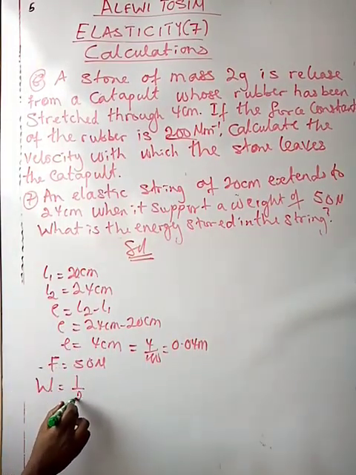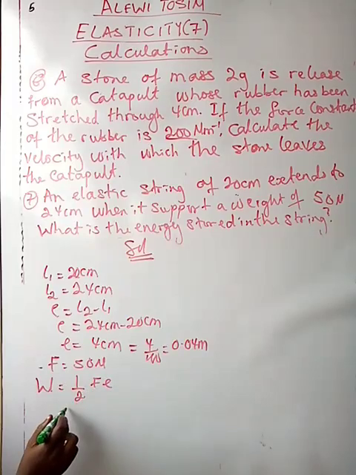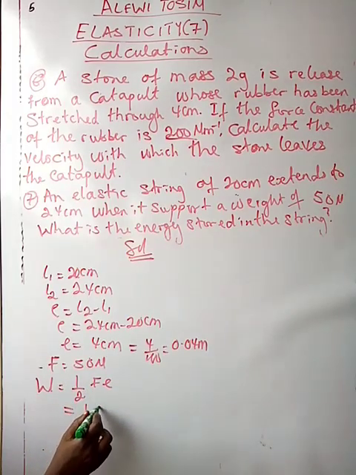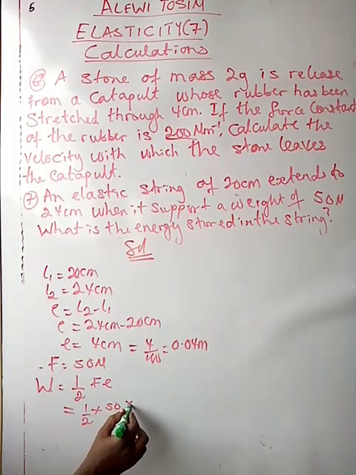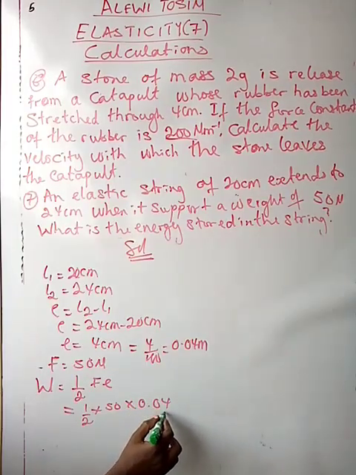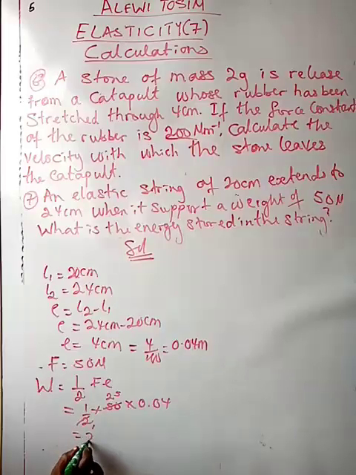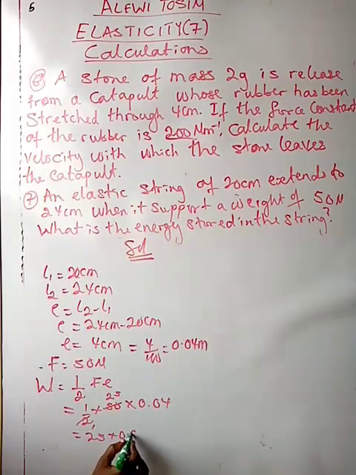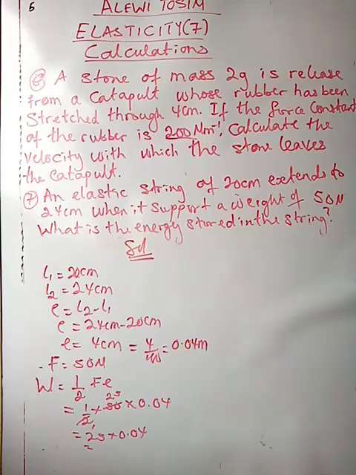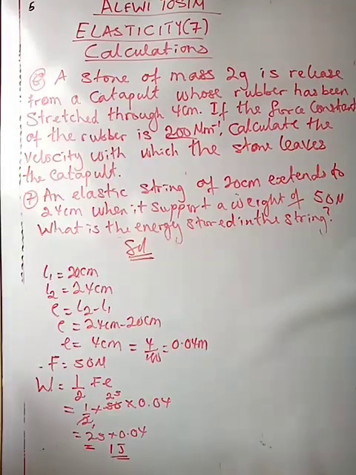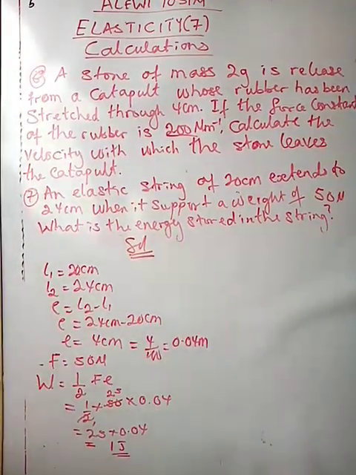So that's 1/2 times 50 times 0.04. 2 here 1, 2 here 25, so we have 25 times 0.04, which gives us 1 joule. So that's the final answer, 1 joule.